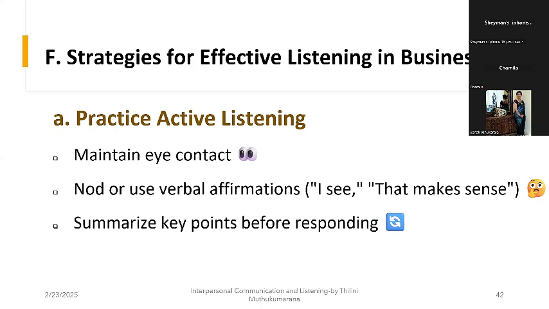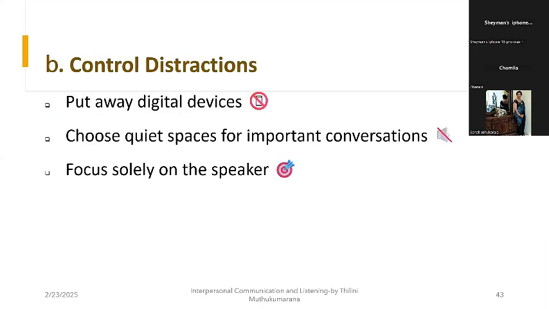Okay, and also you have to summarize the key points before you respond to the other person. And also you have to control distractions. What are the distractions? These days, our main distraction is digital devices, right?